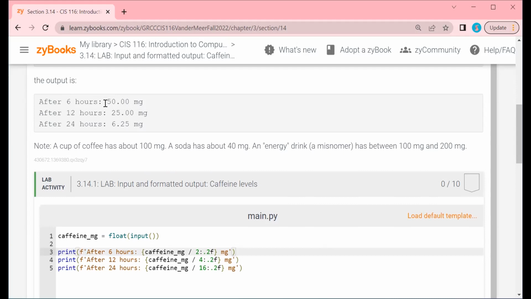And then here's that colon, and then it's saying 100 divided by 2, colon 2F, so it'll say 50.00 and then ends it with the milligrams. So this is showing you how to insert a number in the middle of a string literal. I see. Okay. And we're formatting it at the same time.